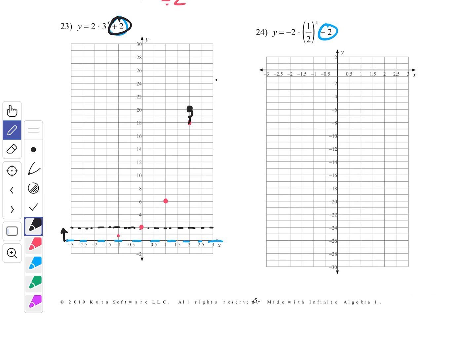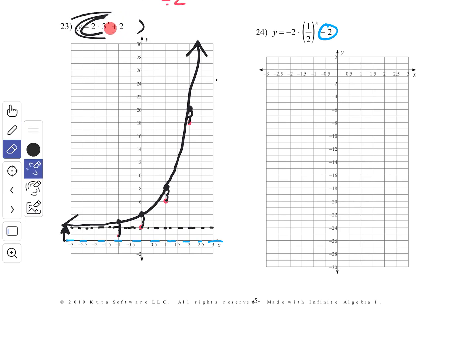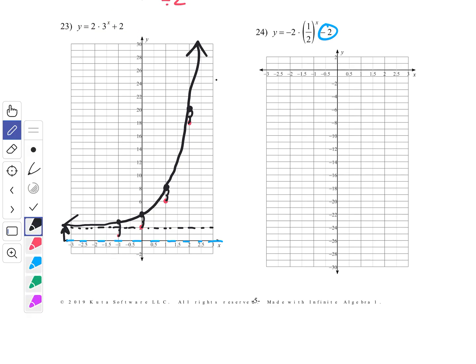My new point is right there, this one, this one, and this one. And so there's my actual line. So it's like you get rid of the plus 2, plot that, and then add in the plus 2 to it. That's one way to attack it.